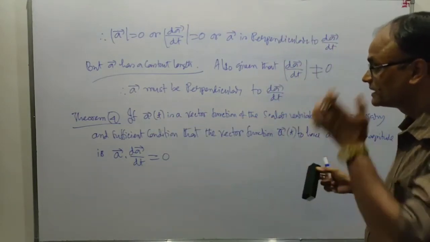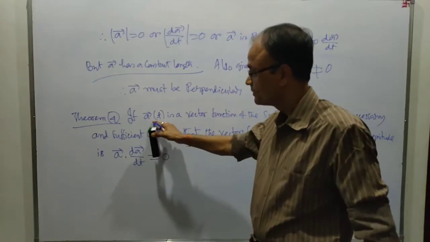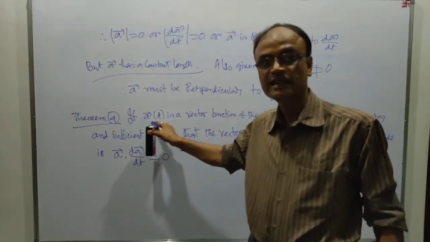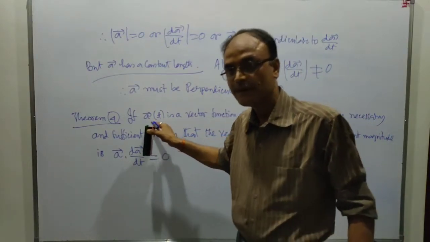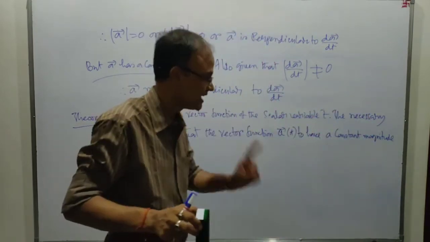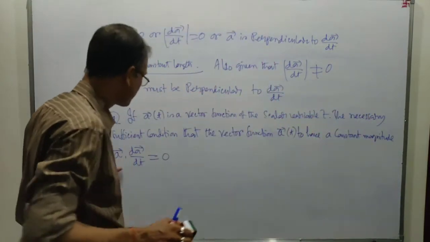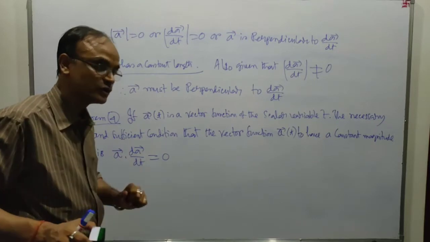If A vector has a constant magnitude, then we must have A vector dot dA vector by dt equal to 0.